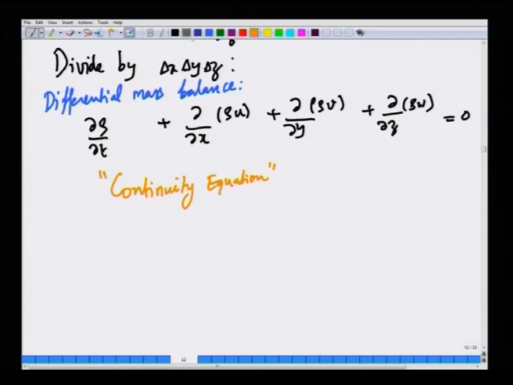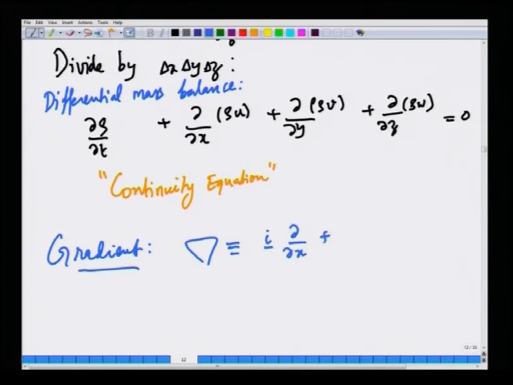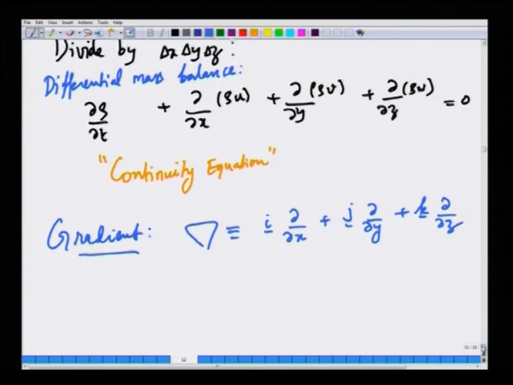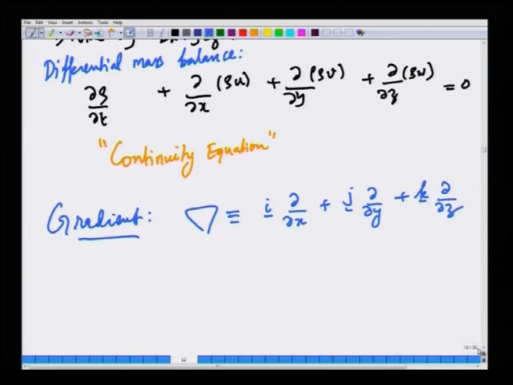In order to do that, we have to recall the notion of the gradient operator. The gradient operator, grad, is nothing but i times d dx plus j times d dy plus k times d dz. This gradient operator can act on any vector or a scalar, or you can also take divergence. Let me explain a little bit more carefully.